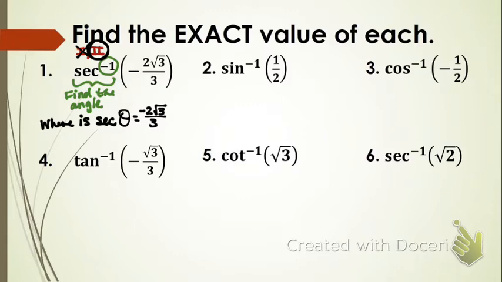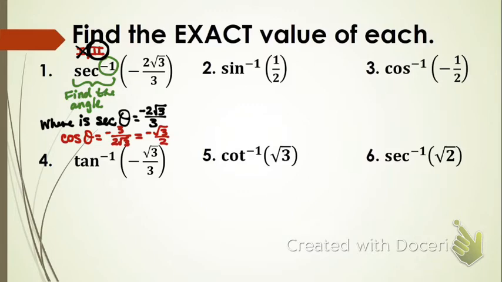I'm not as good with my secants and cosecants as I am with my sines and cosines around the unit circle. Are you guys okay if we flip this over? This is the same question as saying cosine would be negative 3 over 2 root 3. If I rationalize that denominator, what is this going to be equivalent to? Negative square root of 3 over 2.